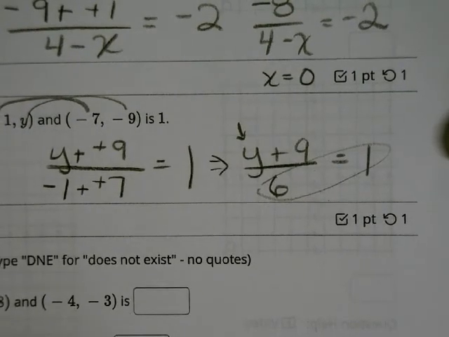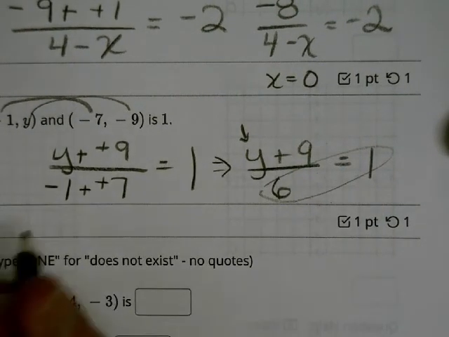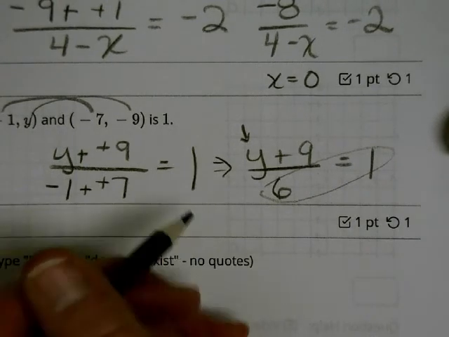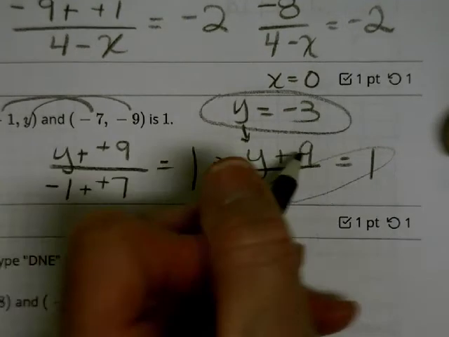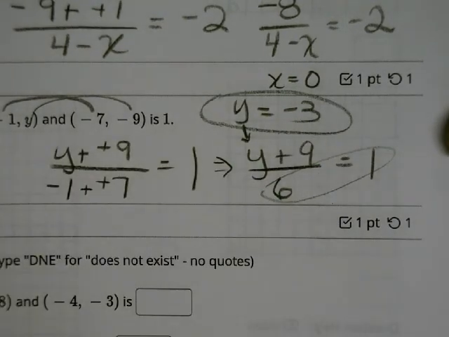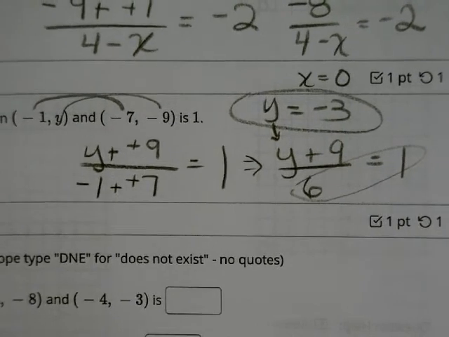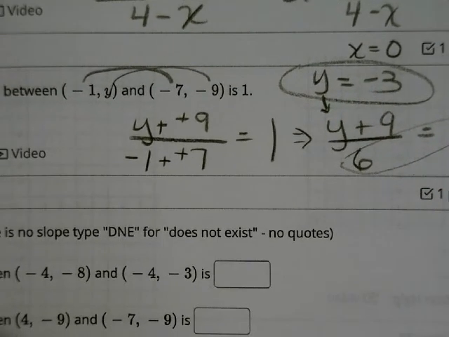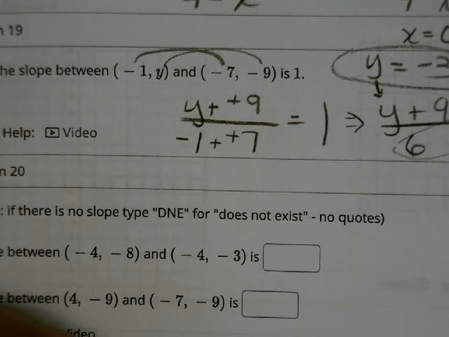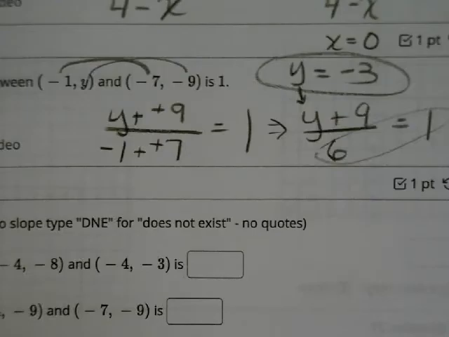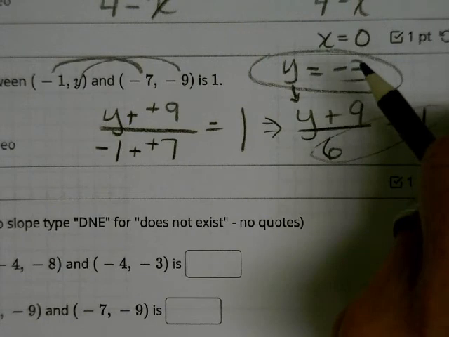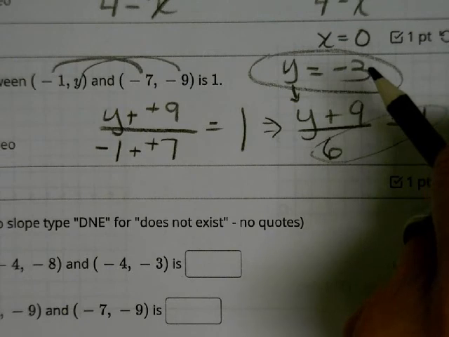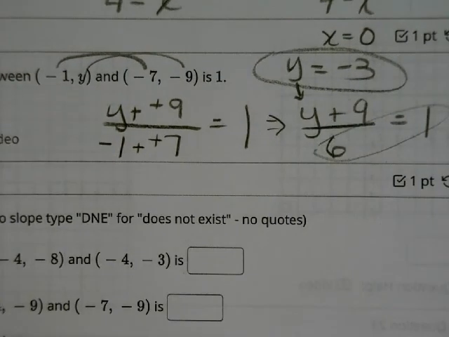So what am I going to have to put in the y space here so it equals 6? What plus 9 is 6? -3. There we go. Okay. There you go. Good number sense. Y is a -3.